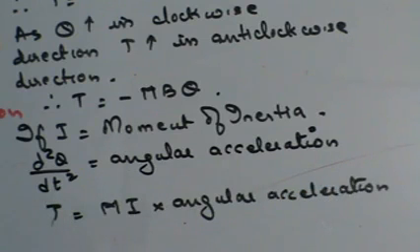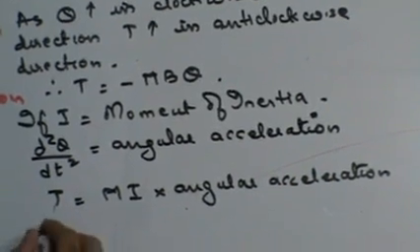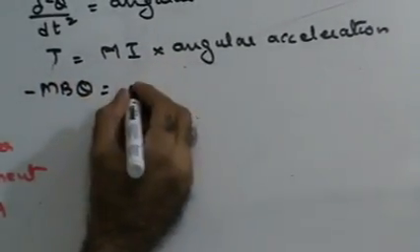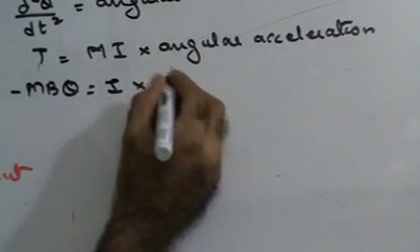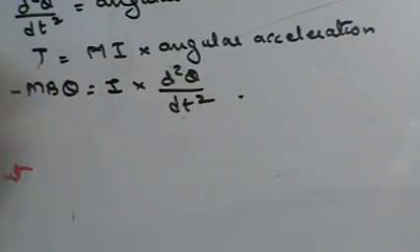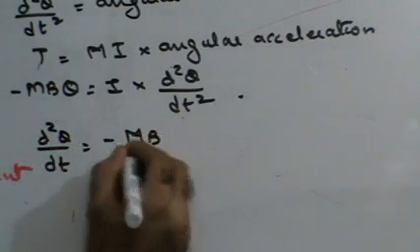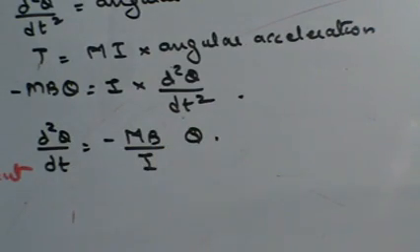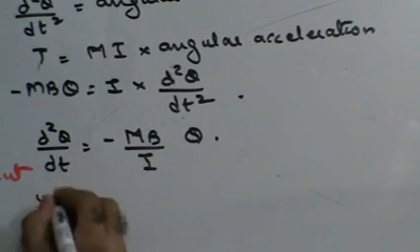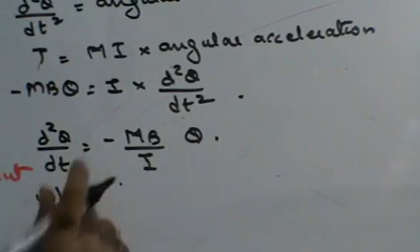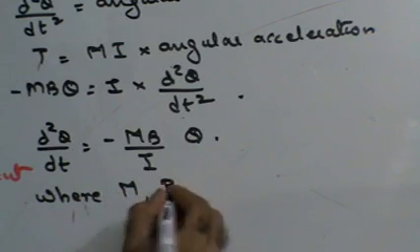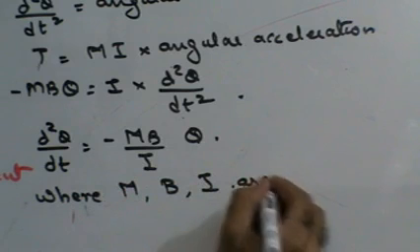That means torque minus mb theta is I, moment of inertia, into d square theta upon dt square, right? In which case d square theta upon dt square is minus mb upon I into theta, right? Out of which m, b and I are constants, where magnetic dipole moment, external magnetic induction and moment of inertia are constants.